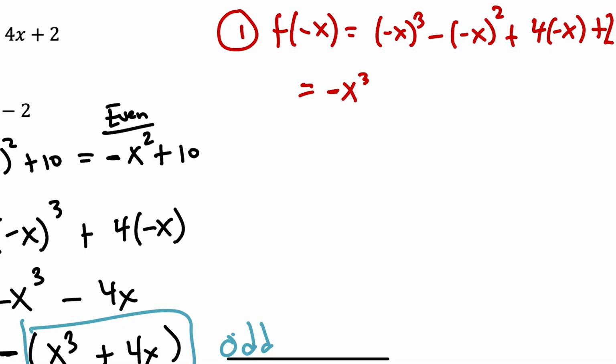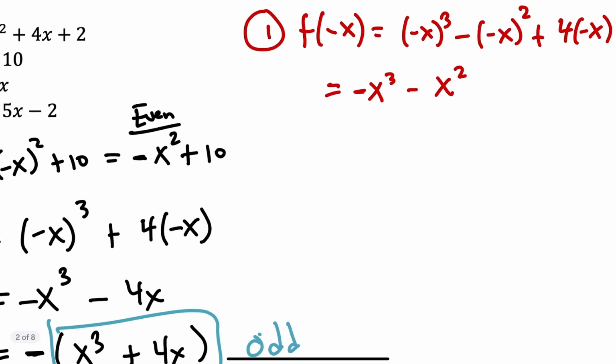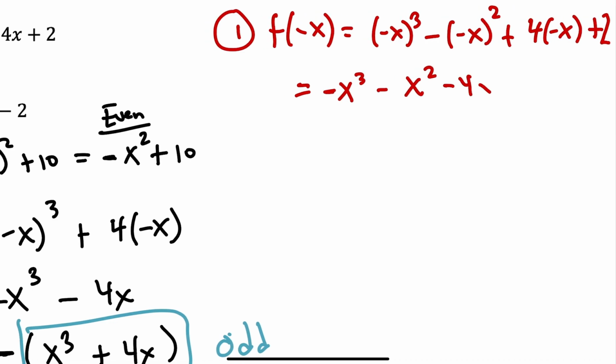The second one, you have to be careful, right? This is positive because it's even, but you still have this negative, right? So it's going to be negative x squared. And then careful here as well. That's a negative times a positive. Okay, so that's negative. So negative 4x and then plus 2. We don't do anything with that 2, but bring it down.